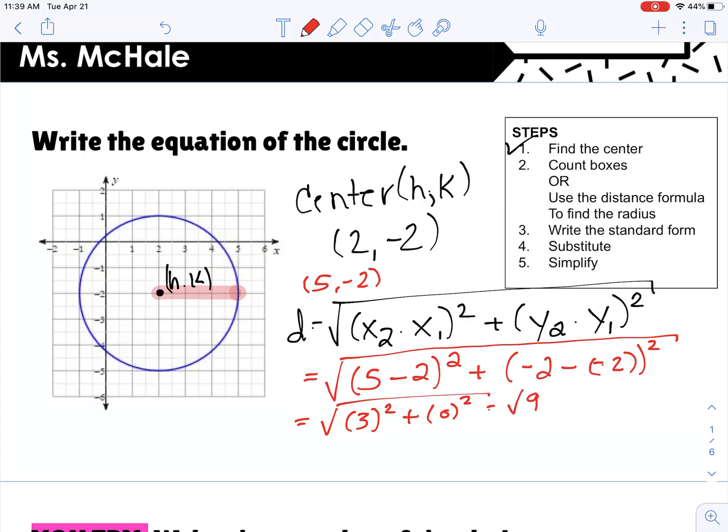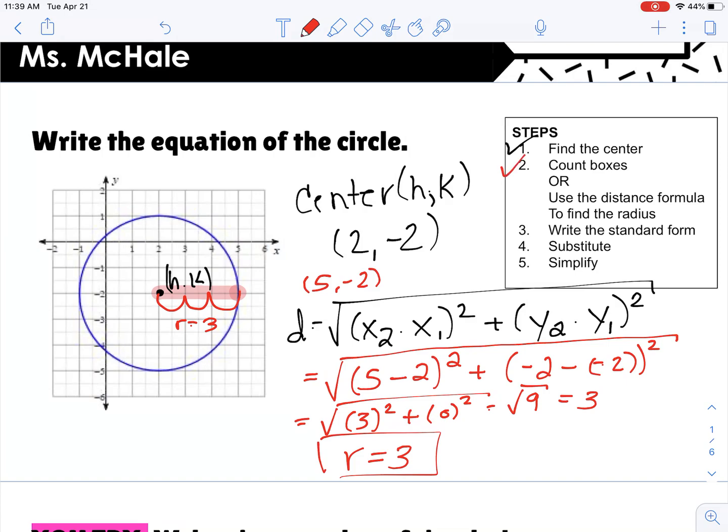Okay, 3 squared is 9. Plus 0 squared would be plus 0. The square root of 9 is 3. So the radius here is 3. So you can either use the distance formula or you can count boxes, right? 1, 2, 3. The radius is 3.